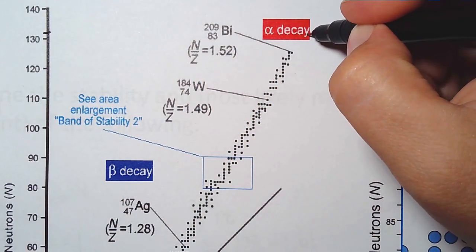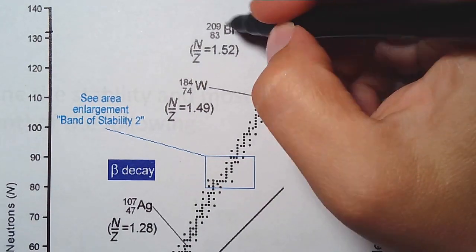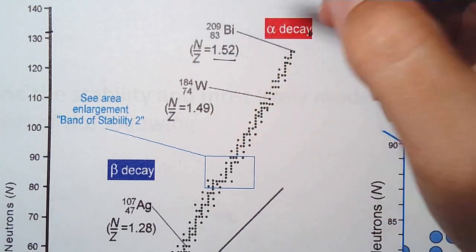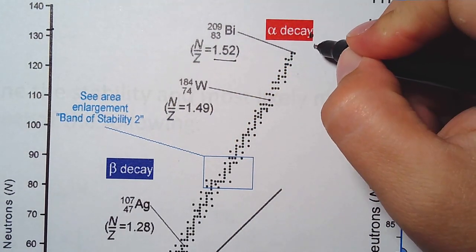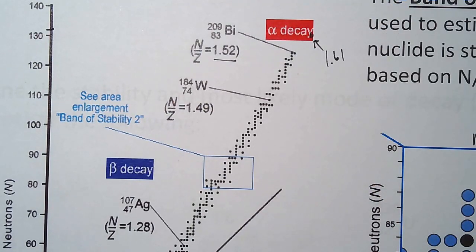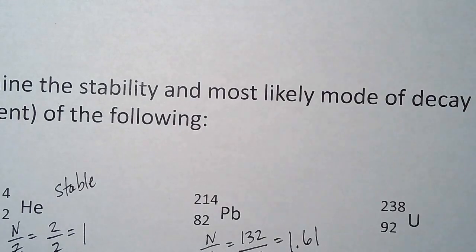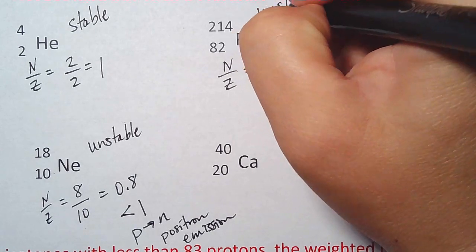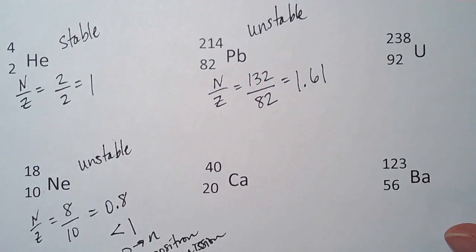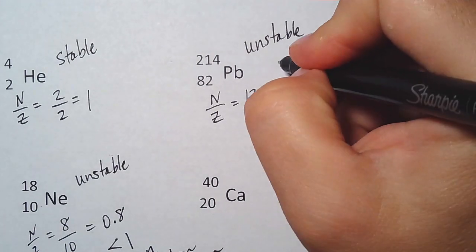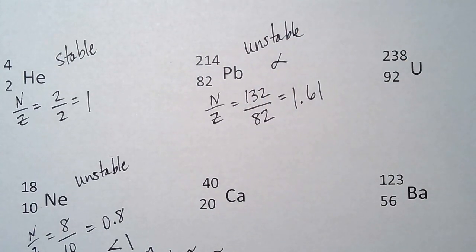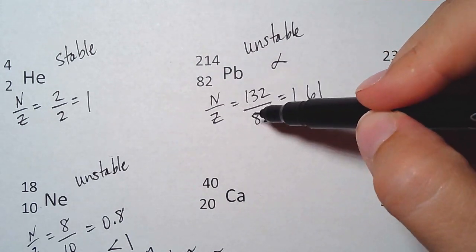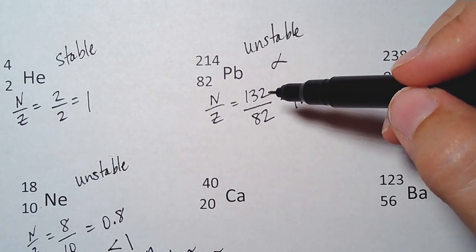If we notice bismuth, which is the largest stable isotope, has a ratio of 1.52, and we're trying to get 1.61, we already know that's in too-large radioactive territory. So this is unstable, and this will undergo decay. Now we can have alpha decay here, just because it's large. Our ratio is too large. We have too many neutrons for our protons. So we can also have negatron emission.